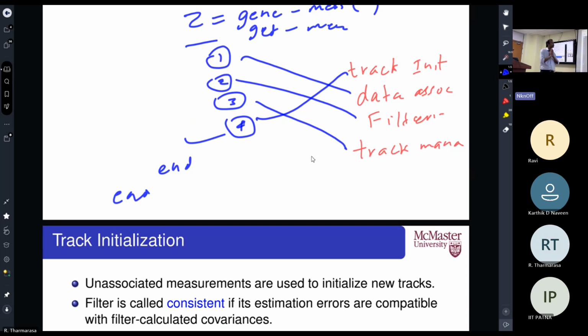Okay, now we are going to talk about track initialization, and we will talk one by one. What is the first loop? One is the Monte Carlo. That is only for simulated data, not for real data. The other one is the internal for loop. Now we are going to focus on track initialization. Once we mention what track initialization is, then you understand why we do it here, not on the top.